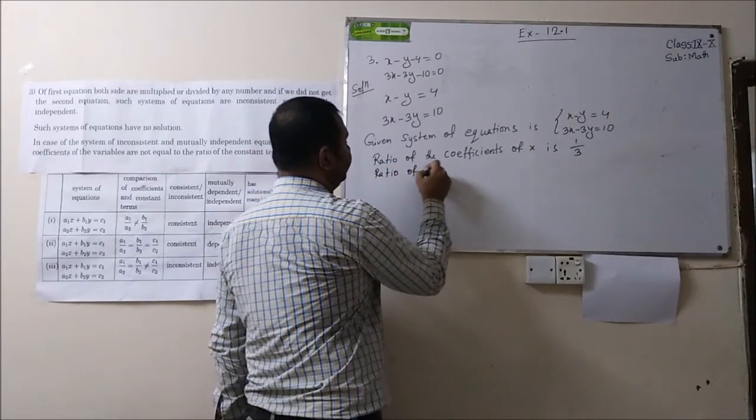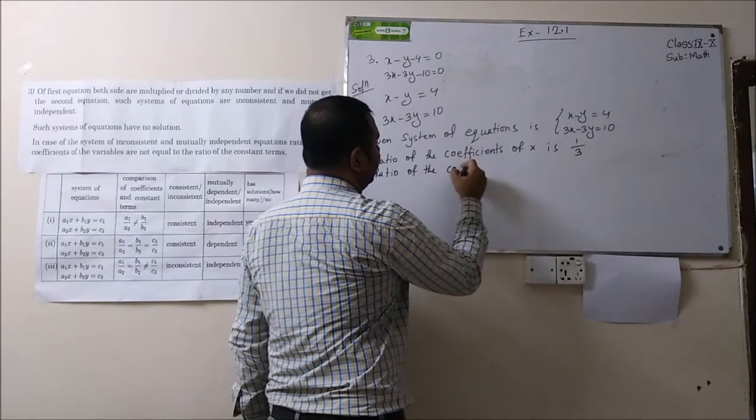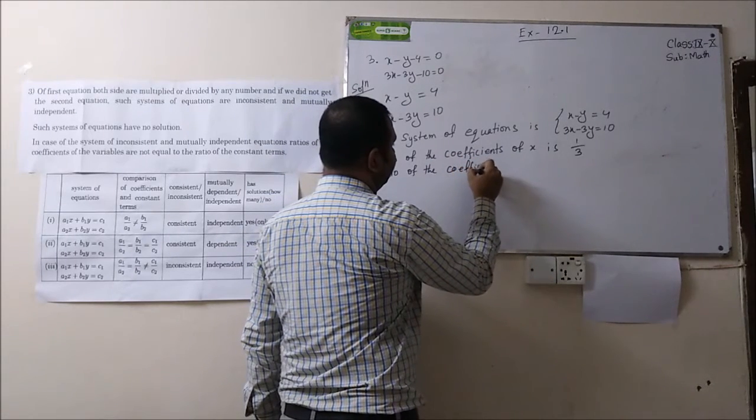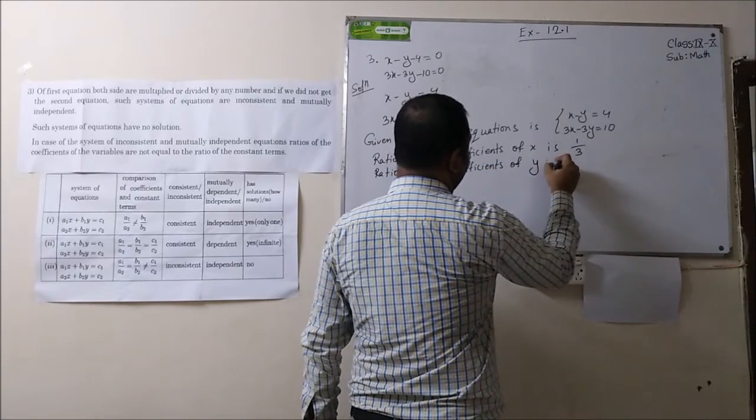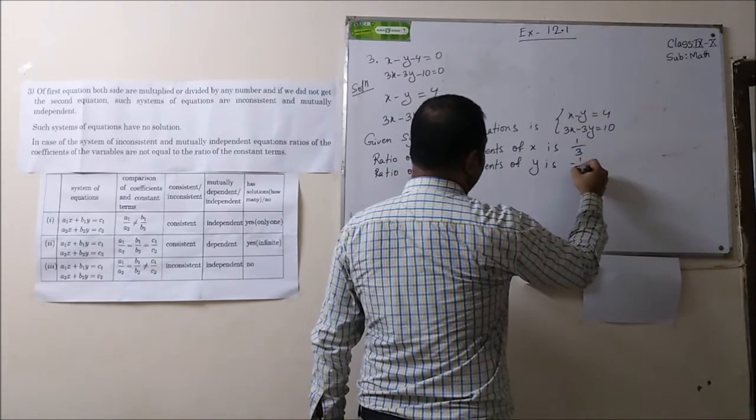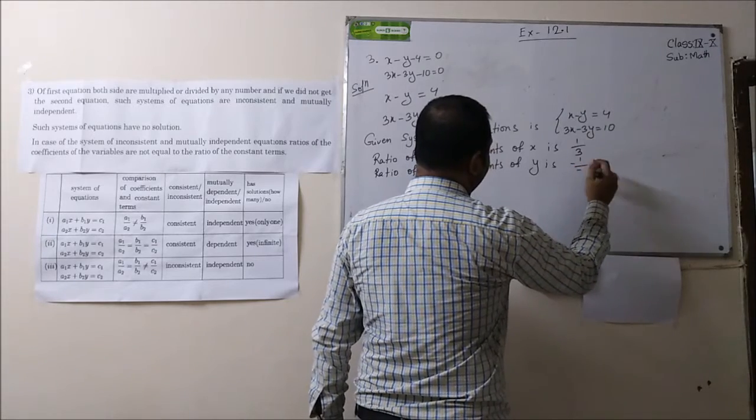Ratio of the coefficients of y is minus 1 by minus 3.